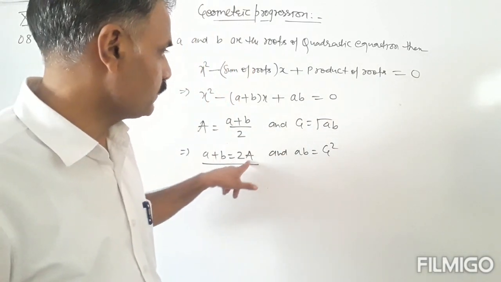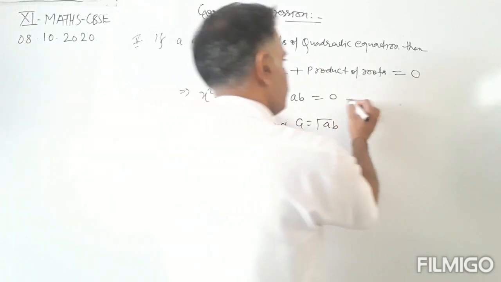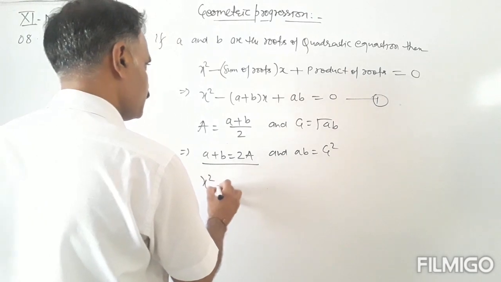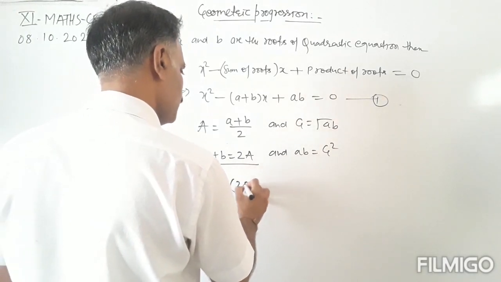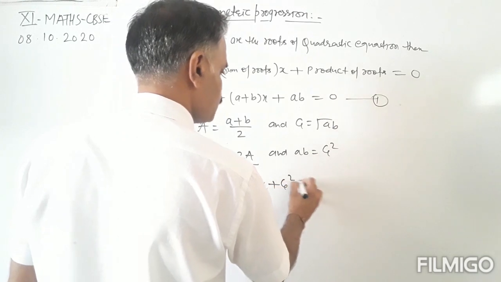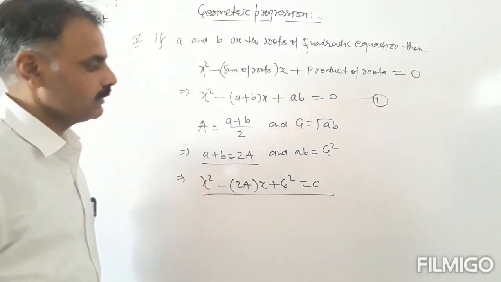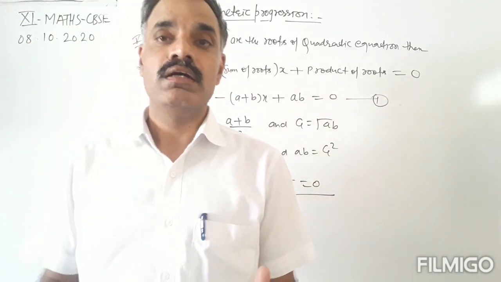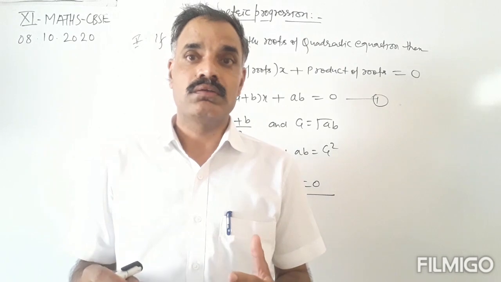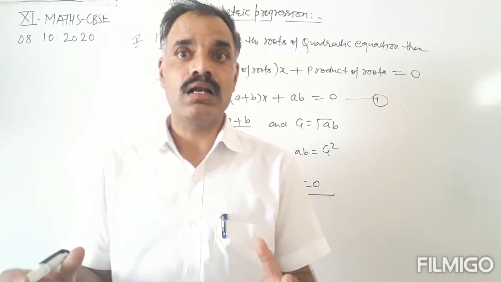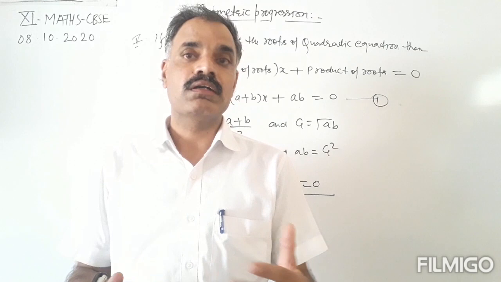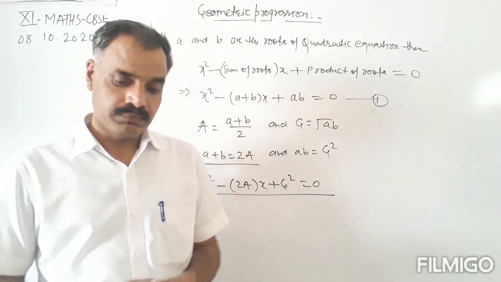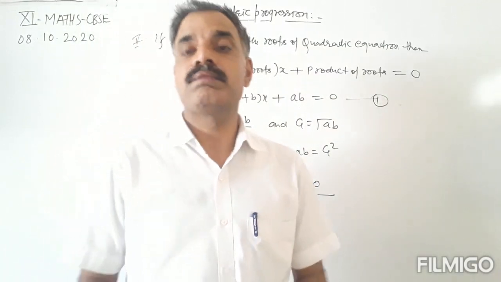Now putting a plus b equal to 2A and G square equal to ab in equation number first, we will have the quadratic equation x square minus 2A into x plus G square equals 0. Okay, so this is the quadratic equation in terms of arithmetic mean and geometric mean of the numbers which are the roots of the given quadratic equation. So this is one more property of the geometrical progression.